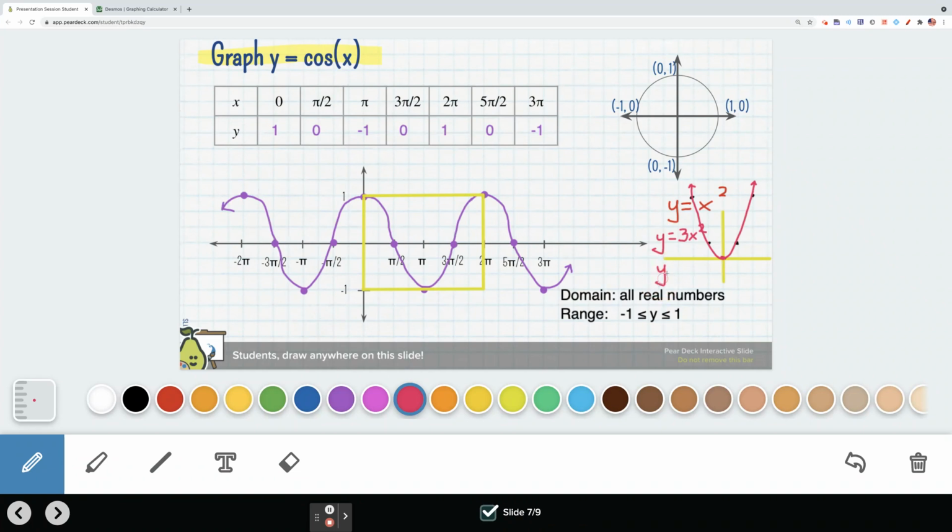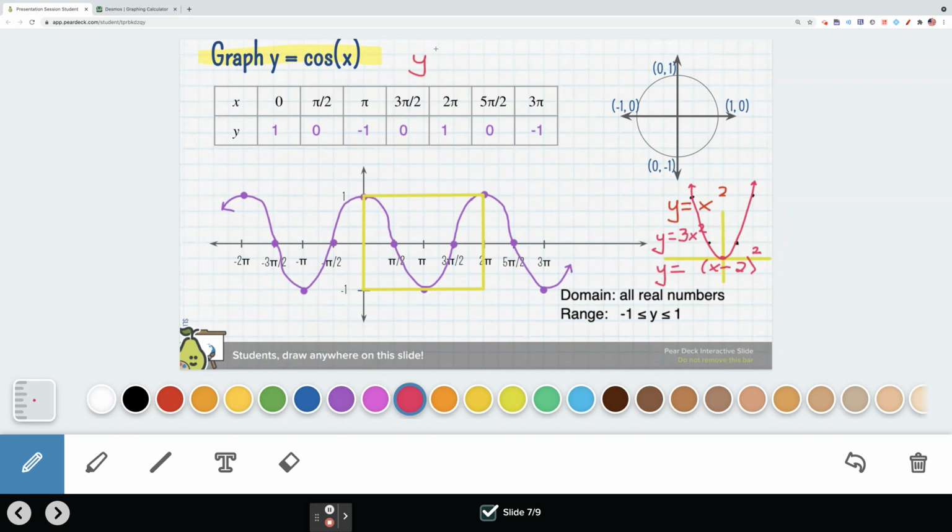What if I had y equals x minus 2 quantity squared? That would mean I shift this curve 2 to the right. All right, so all of this to say that all the work we did earlier with quadratics, you're going to be doing something similar with trig functions.